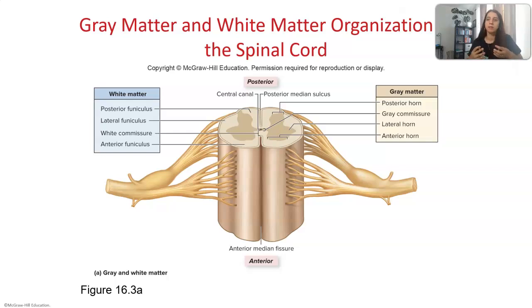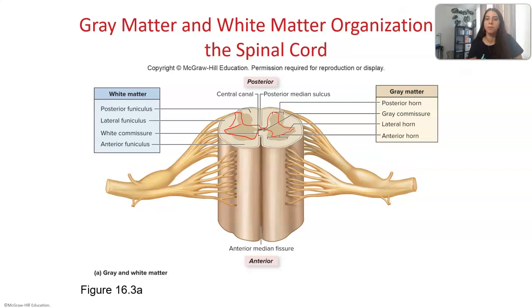While we don't discuss the specific path of various pathways from the brain to the spinal cord and out to the effectors, we can at least understand that the gray matter is a different color because we don't have lipids, whereas in the white matter there's a high lipid content due to the myelination.